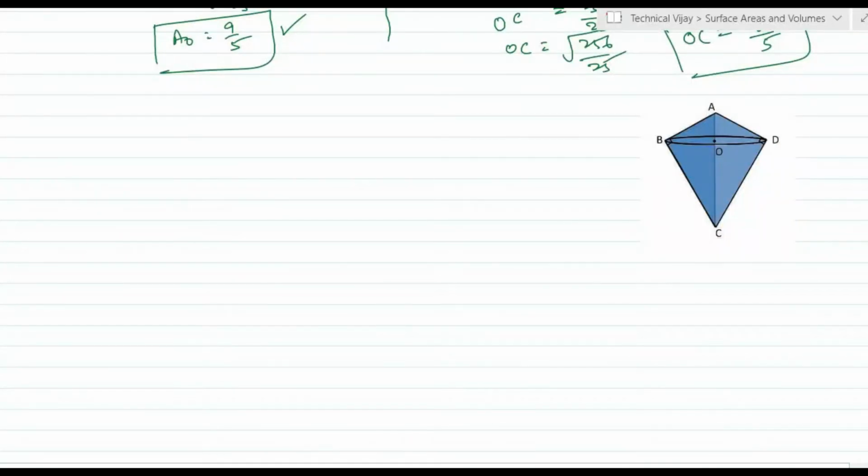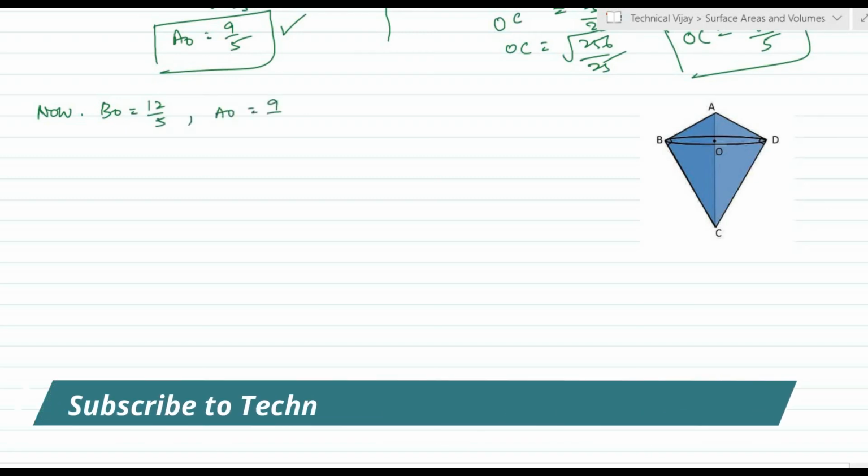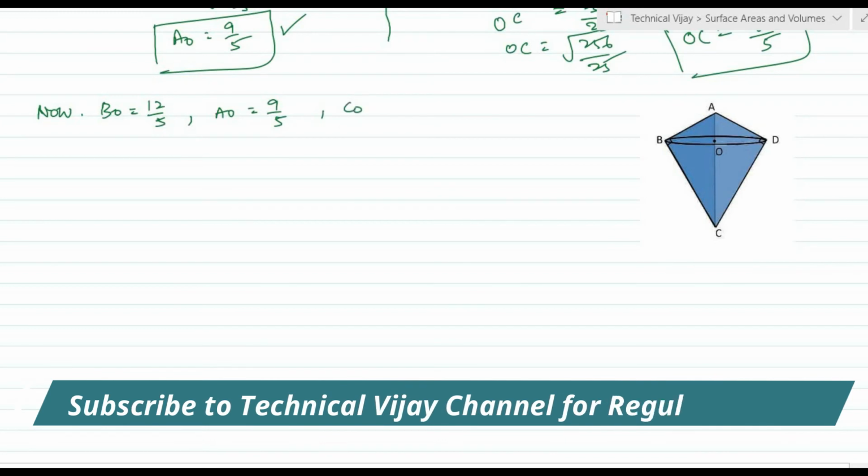So now we have got BO is equal to 12 by 5, AO is equal to 9 by 5 and CO is equal to 16 by 5. So now consider cone ABD.